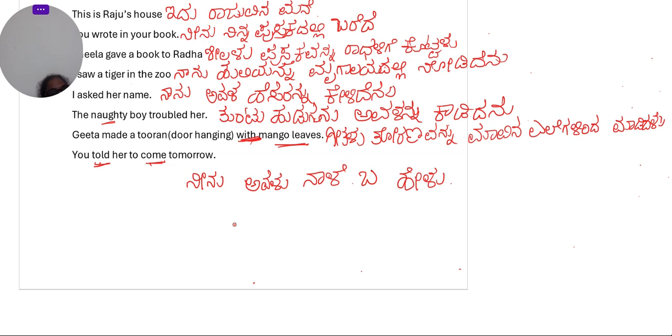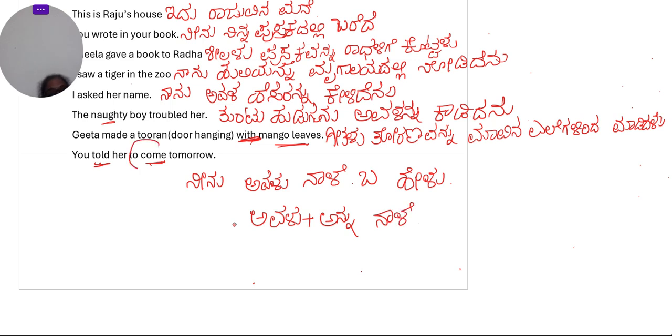Now, again, you is the subject and subject already has u in it. So we don't have to again add u. Neenu. Then her is the object. So we will say avalu plus annu. Nale remains Nale only. Nale means tomorrow.